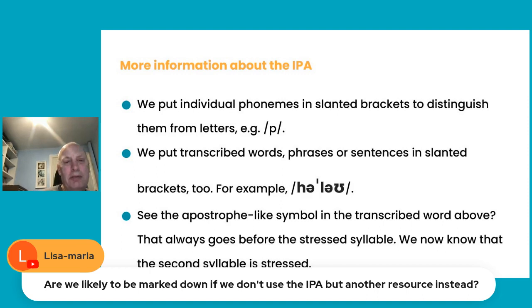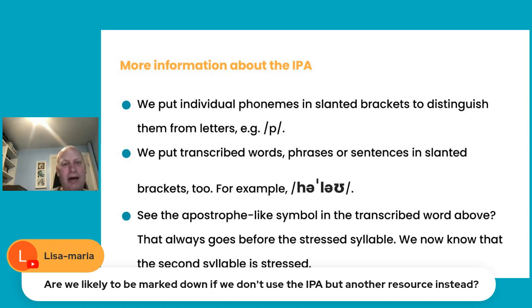Are we likely to be marked down if we don't use the IPA but another resource instead? The IPA, again, is the international one. It's the one that we use. To be honest, nowadays there isn't an awful lot else to use anyway.